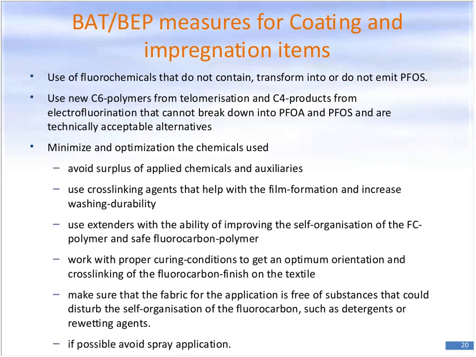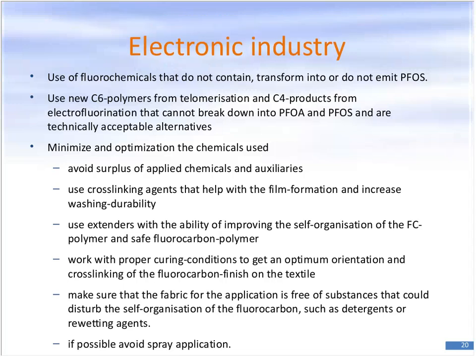Also, concepts of minimization and optimization of the chemicals, like avoiding the surplus, using cross-linking agents that help with the film formation, using extenders with the ability of improving the self-organization of the FC polymers, and if possible, avoiding sprayed applications are examples given through the guidance.